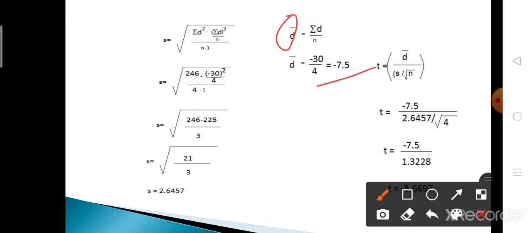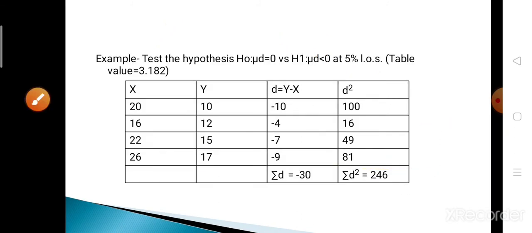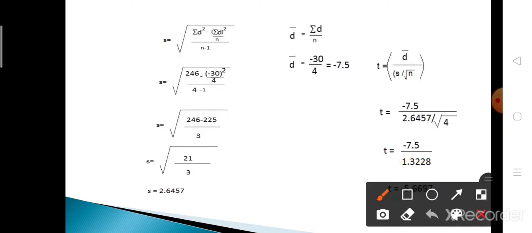Now calculate s. What is the formula for calculating s? Square root of summation d square minus summation d whole square divided by n, whole divided by n minus 1. Just plug the values of summation d square, summation d and n into the formula. Summation d square value is 246, and summation d is minus 30.